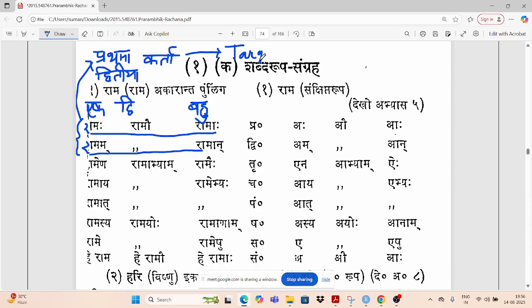These are very simple things that I'm talking about, and we will look at it in much more technical detail later. But there is a karta and there is a karma. So, karta is Ramah. There is a target on which that kriya is being performed by the karta. That is called karma.